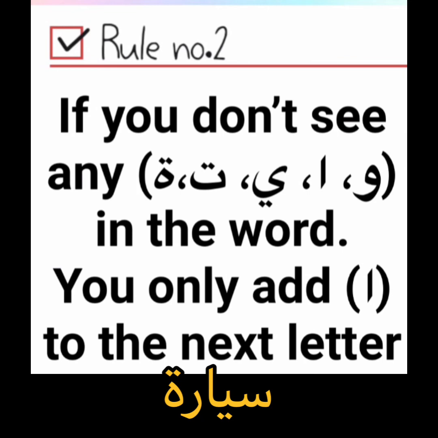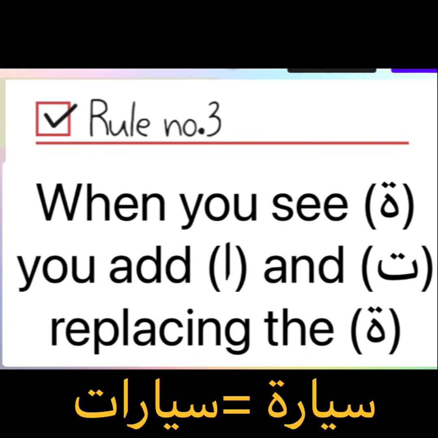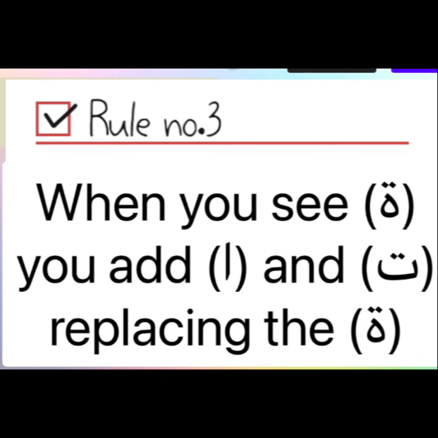Yes, we do see a تاء مربوطة over here. So again, rule number 2 can't be applied here. Let's see rule number 3 then. Rule number 3. When you see تاء مربوطة, yes, there is a تاء مربوطة here. You add مد ألف and an open تاء replacing the closed تاء, making it سيارات. From سيارة to سيارات.